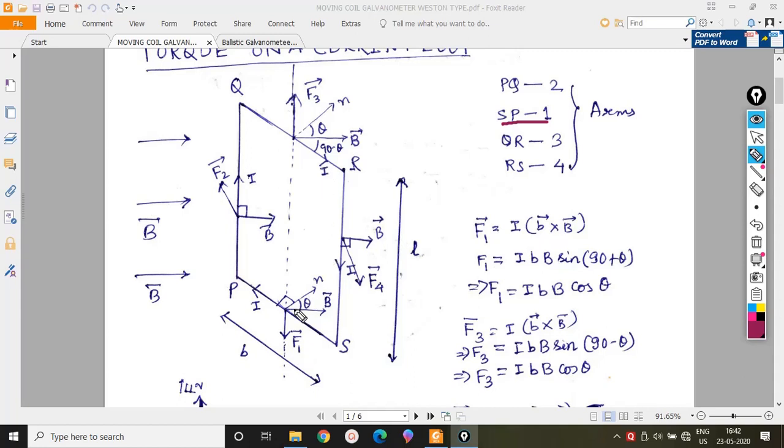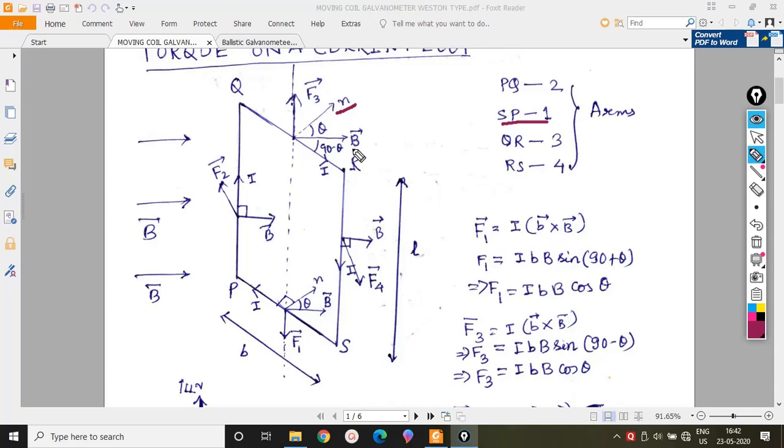Before that, I would like to tell you that the loop is placed in the magnetic field in such a way that the normal, which I have shown by the letter N, is making an angle theta with the direction of the magnetic field.